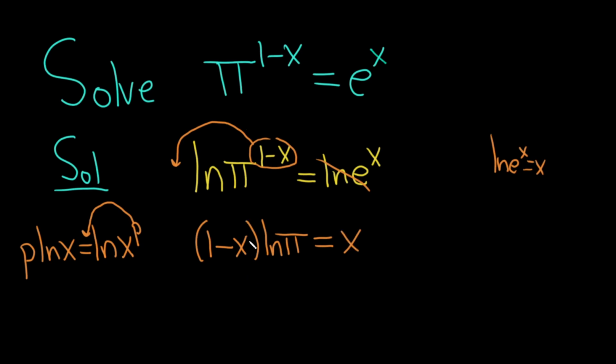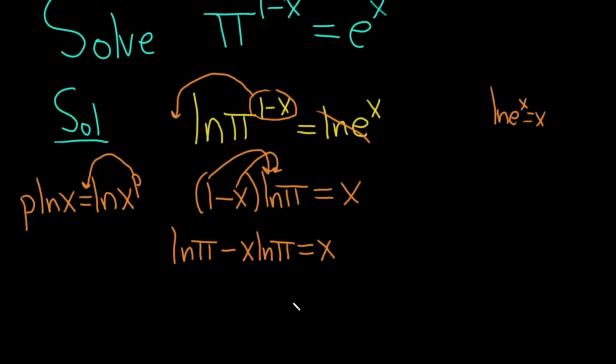Okay, we're looking for x and it's trapped inside these parentheses and there's 1 over here. So let's start by distributing the natural log of pi. So 1 times the natural log of pi is just the natural log of pi. And then negative x times the natural log of pi is just negative x times the natural log of pi. And over here we have x.